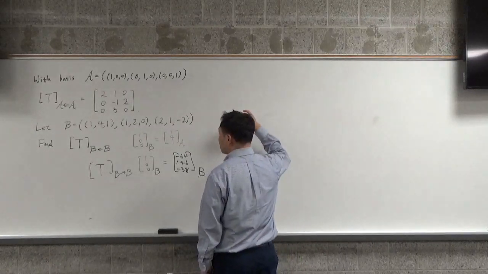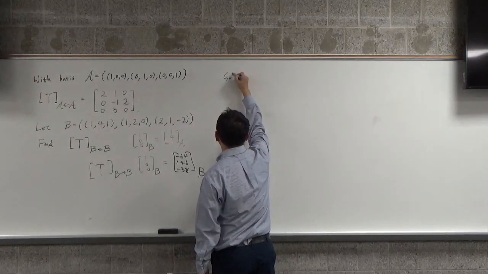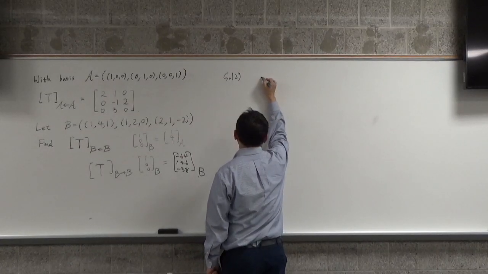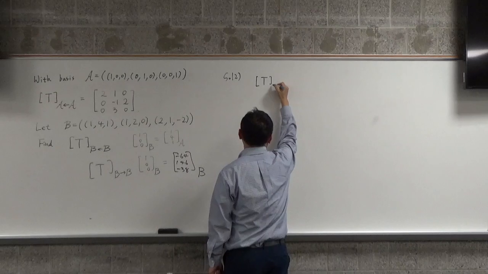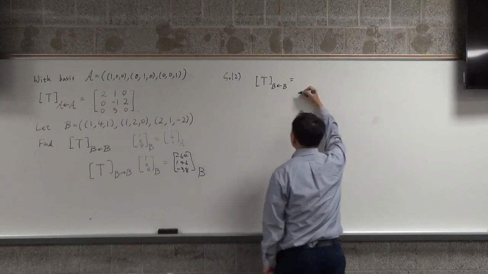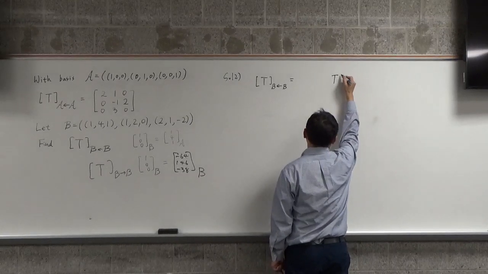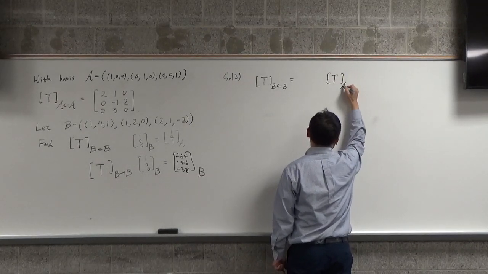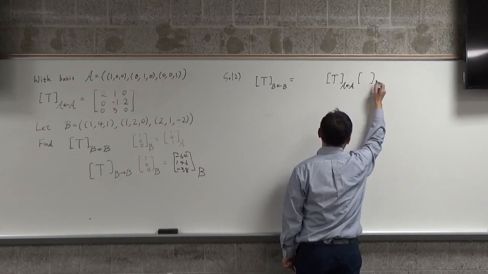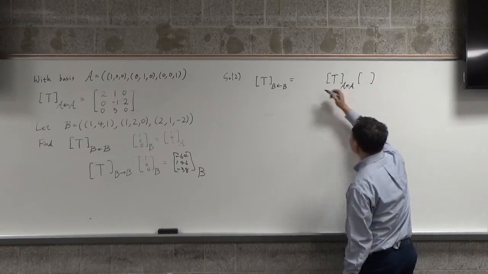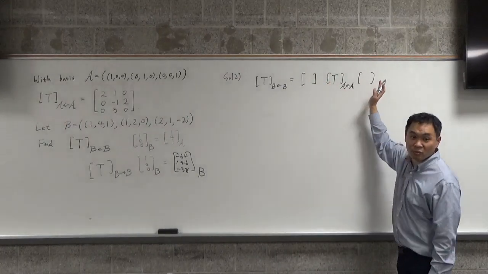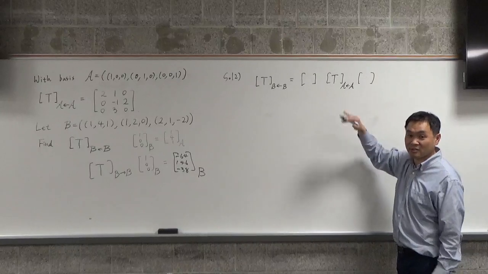But then the second solution, solution 2, uses the following idea: T from B to B is equal to T from A to A, but then you have to multiply or conjugate by matrices that convert from one coordinate system to another, right?